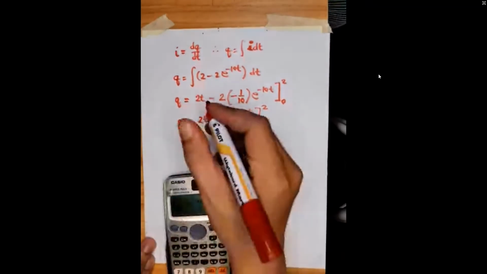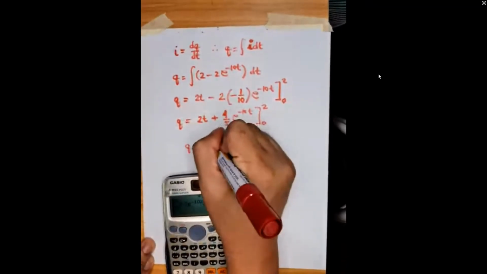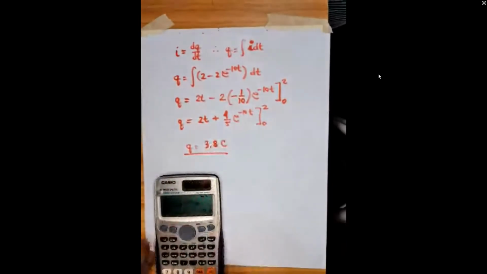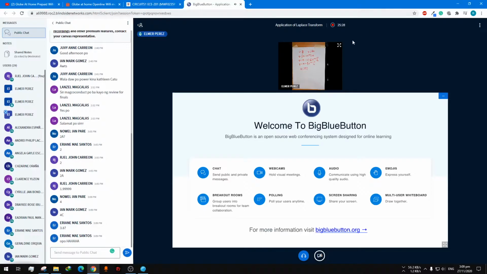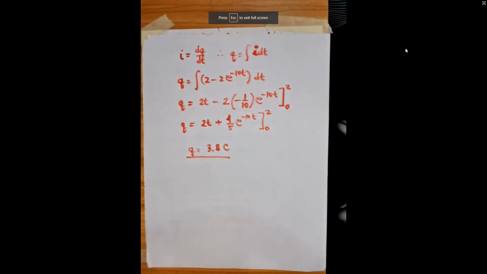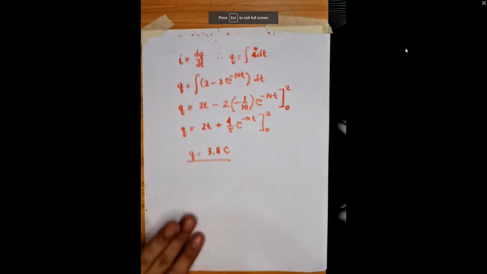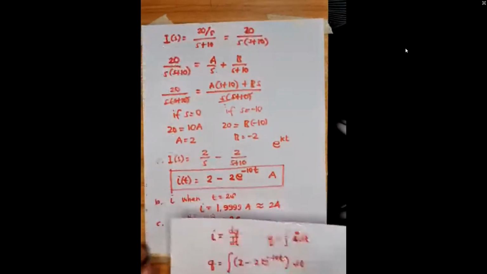So it's 3.8 coulombs. 3.8 coulombs. Okay, 3.8 coulombs.